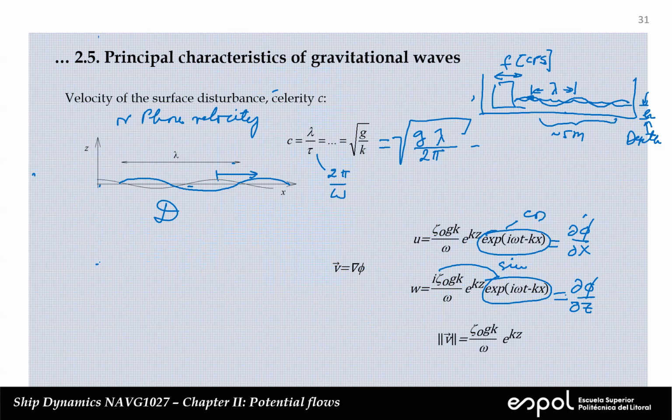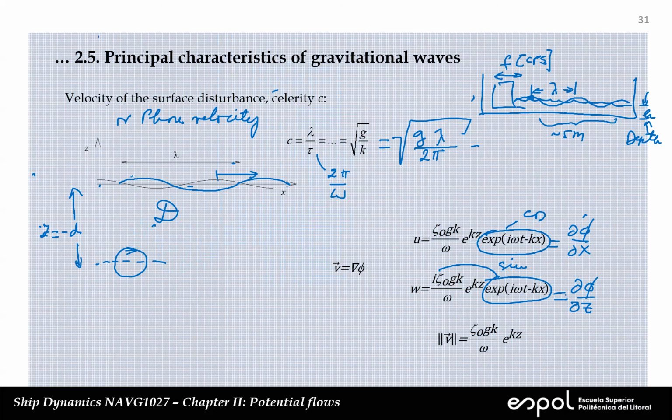That means that if you are here and you are located in this point, so this is equal to, let's call it minus D, for example. This is a constant, and you can draw this as a circle. So when the wave crest is here, the velocity is probably like this, pointing to the right.